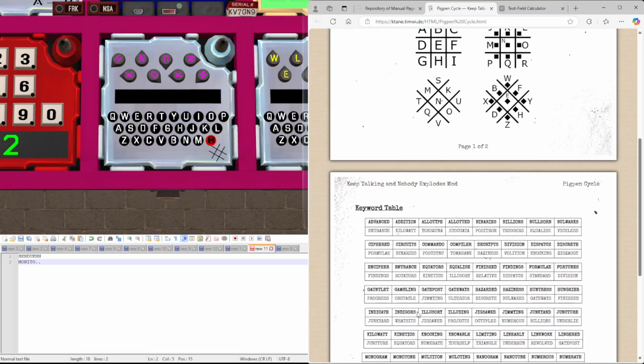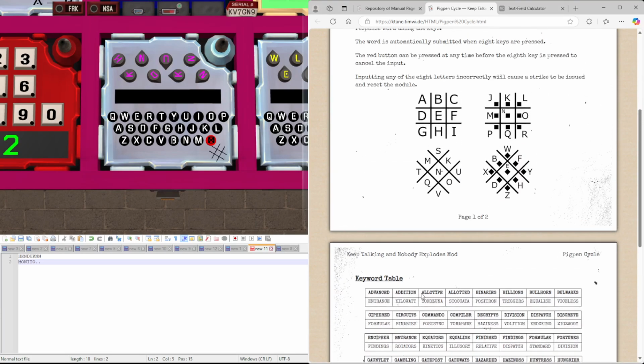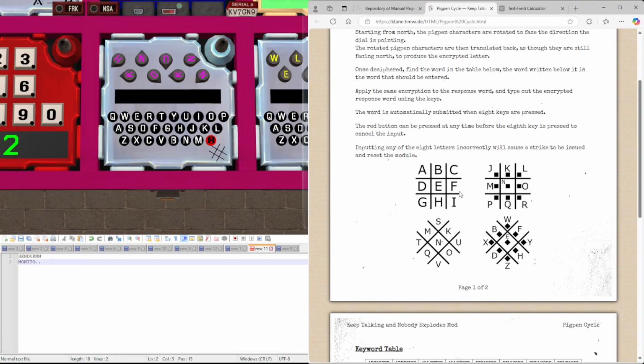No, but we have monotone. Let's just try that one again then. So D pointing like that means we would have to go 1, 2, 3. There we go.